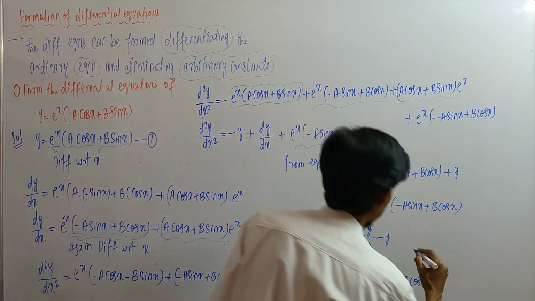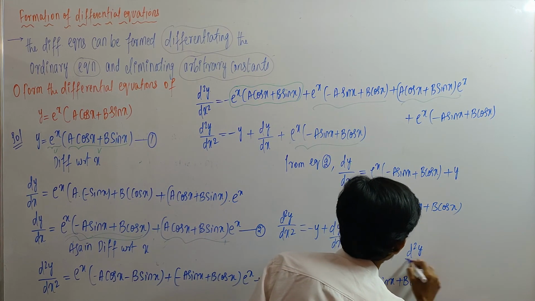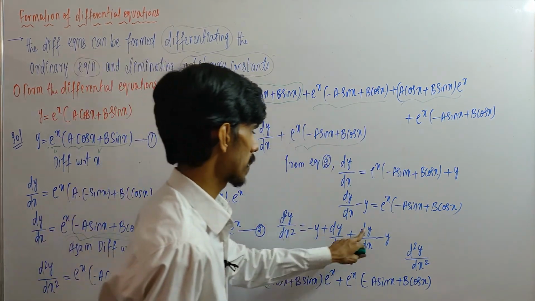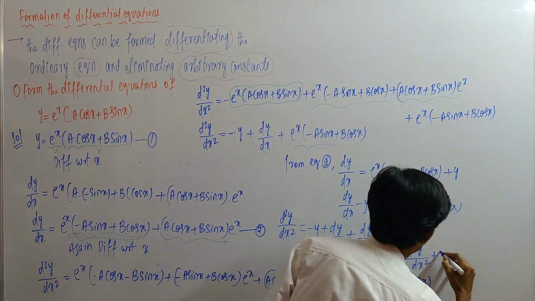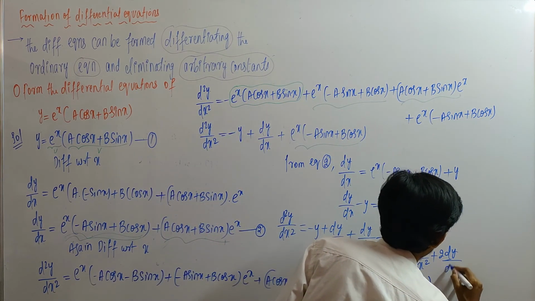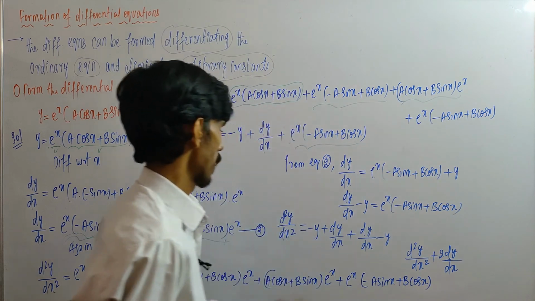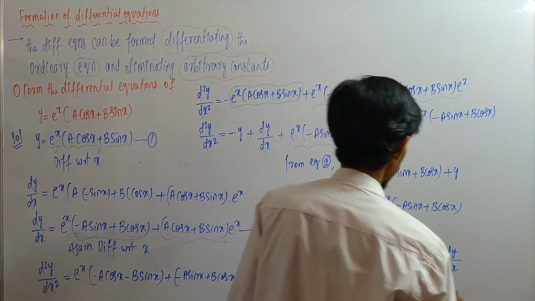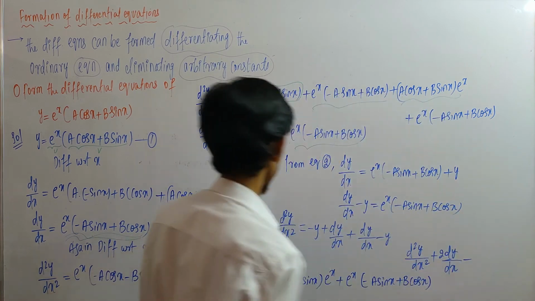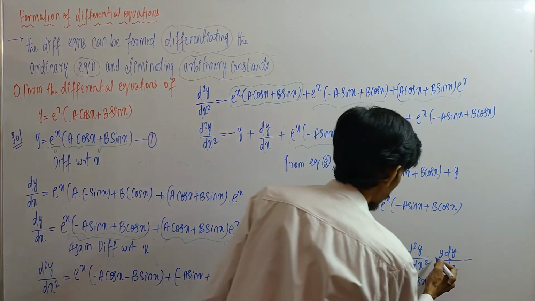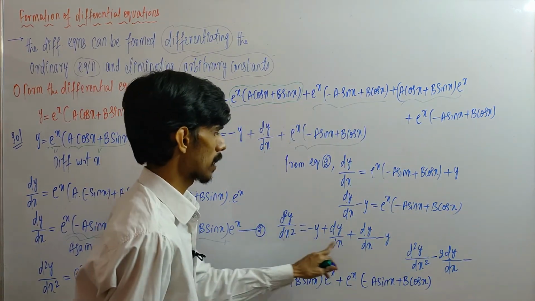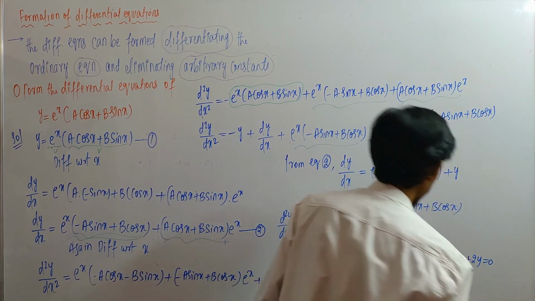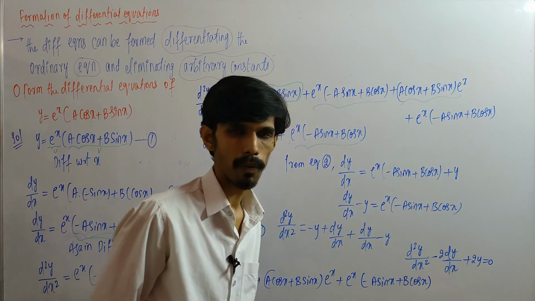So this will become d square y by dx square, dy by dx twice is 2 dy by dx, minus y twice will become minus 2y. Taking everything to one side, I'll get d square y by dx square minus 2 dy by dx plus 2y is equal to 0. This is the solution for this question.